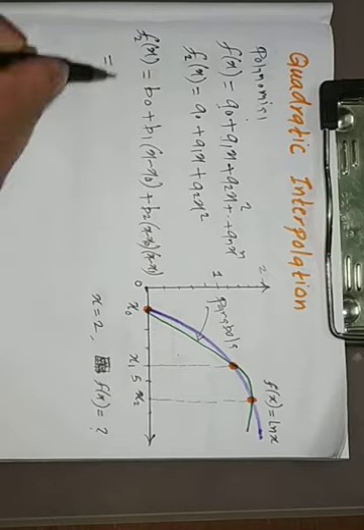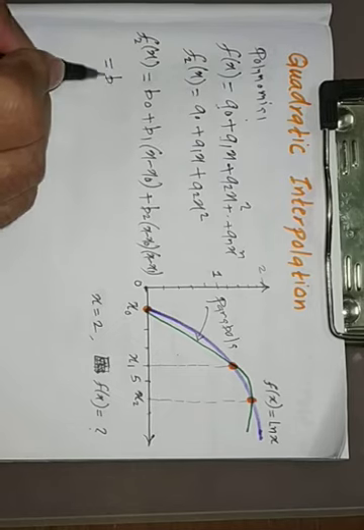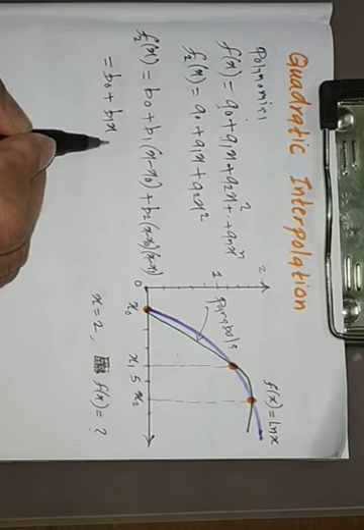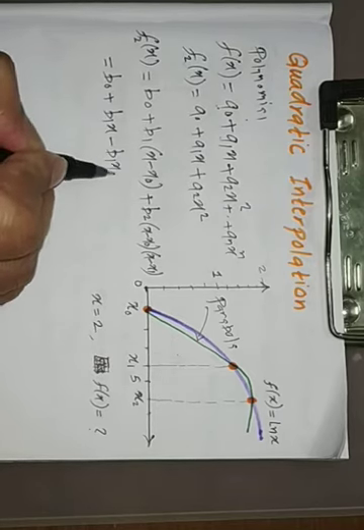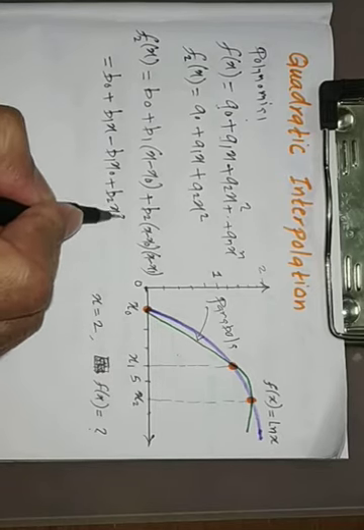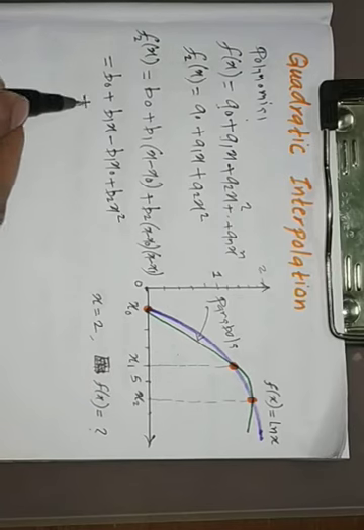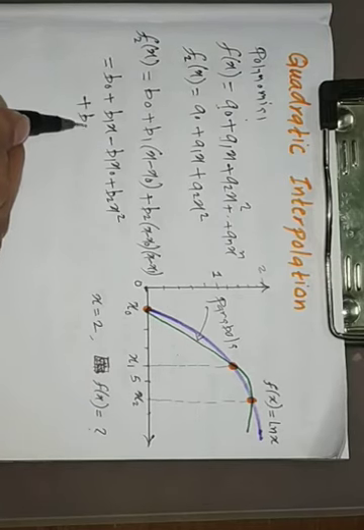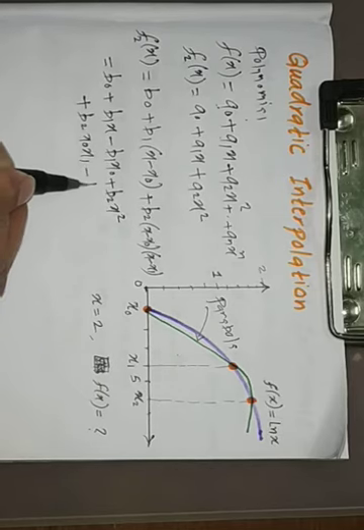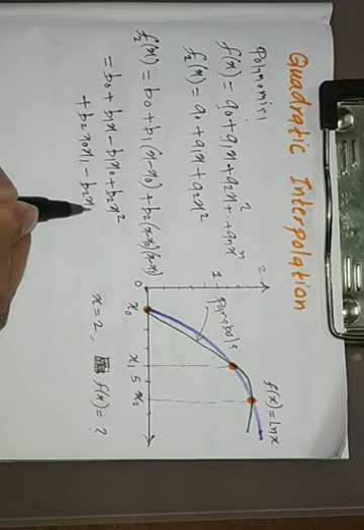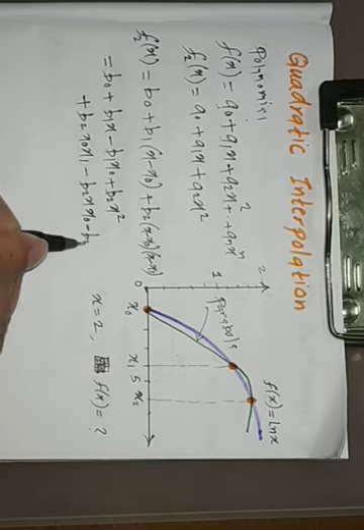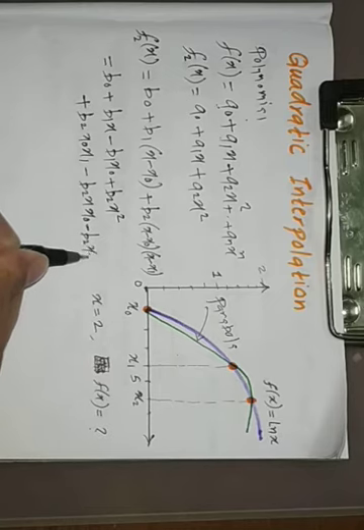So if you multiply all the terms, we'll get b0 plus b1x minus b1x0 plus b2x square plus b2x0x1 minus b2x into x0 minus b2x into x1.